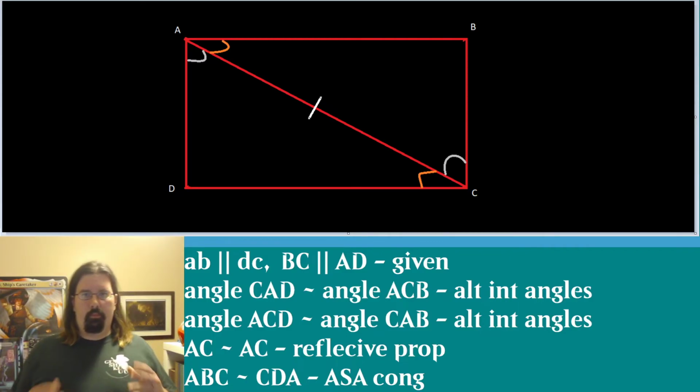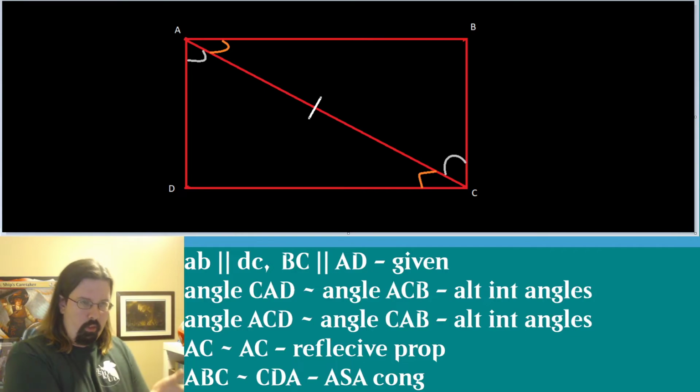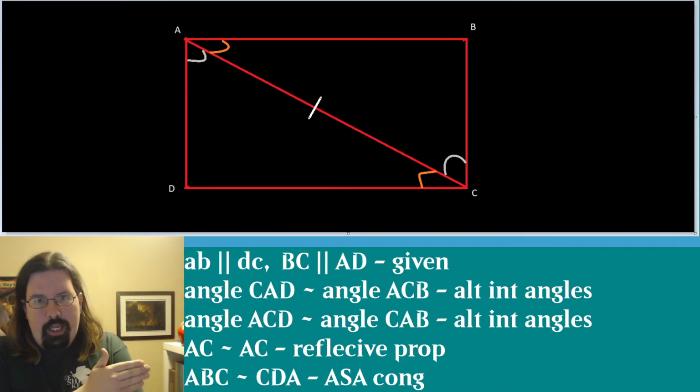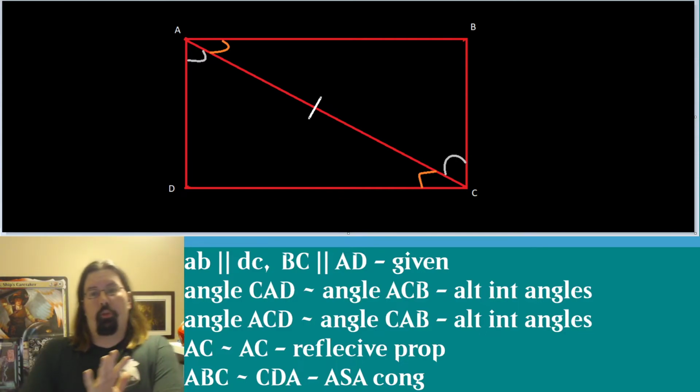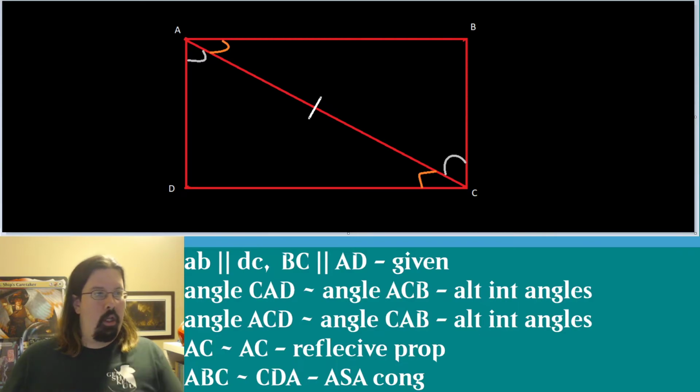So that means, and this is actually very weirdly specific, so I want you to take a look right there. Let's look at the actual lettering that I wrote for those triangles. A, B, C, C, D, A. Notice on ABC, we have A, the first angle, is the orangey one.